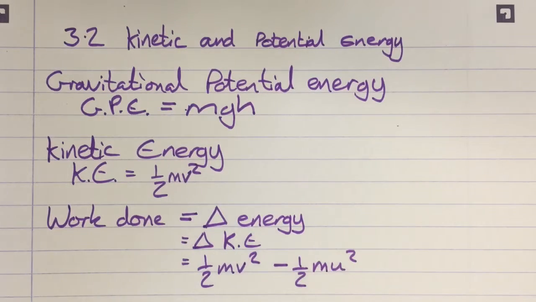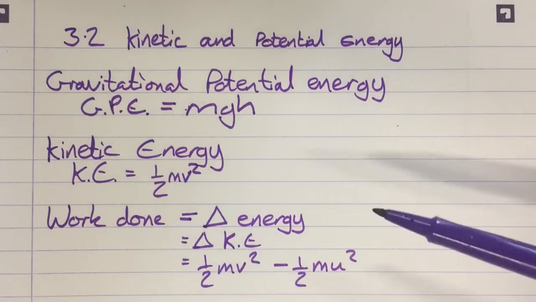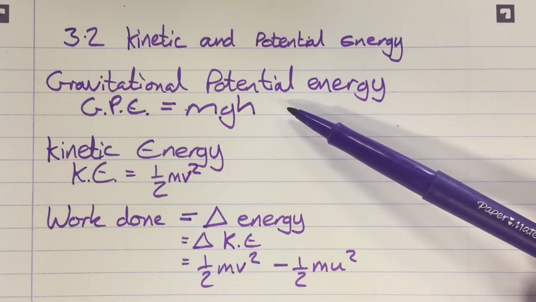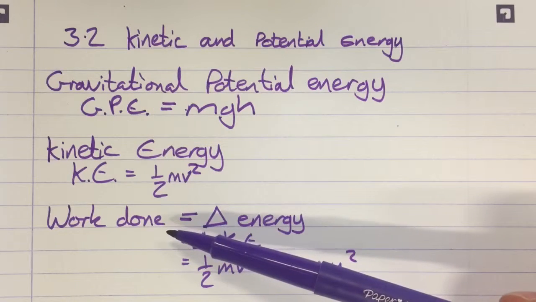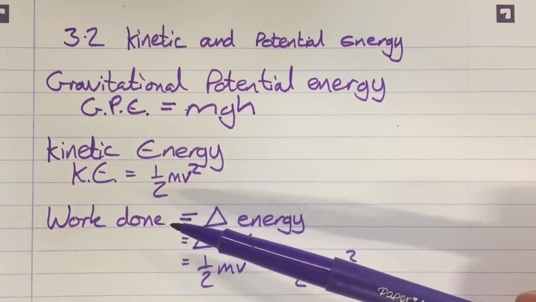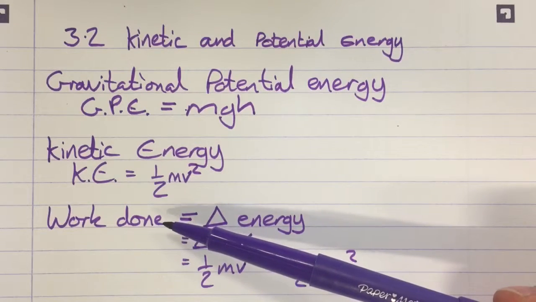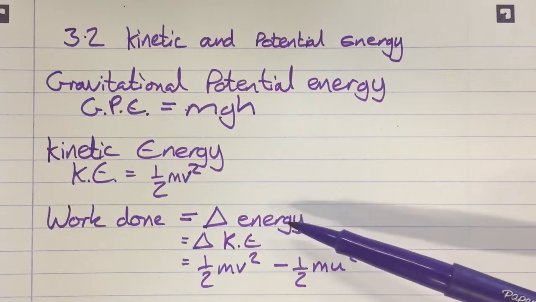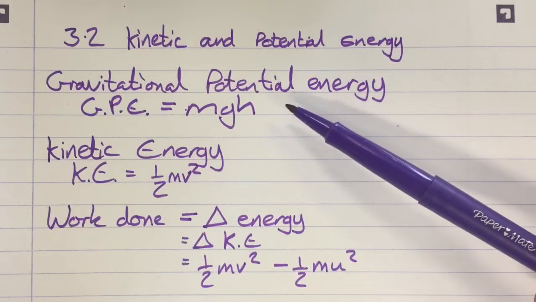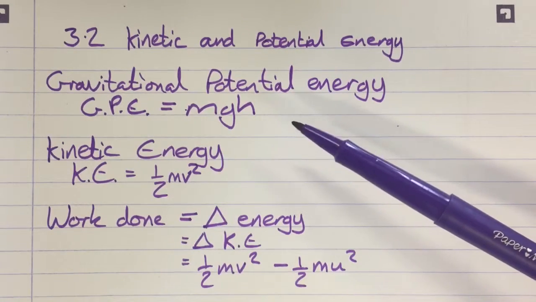Also, with gravitational potential energy and work done, when we lifted an item, we did work, there was work done vertically, and that related to the fact that there's been a change in energy, so a gain in gravitational potential energy.